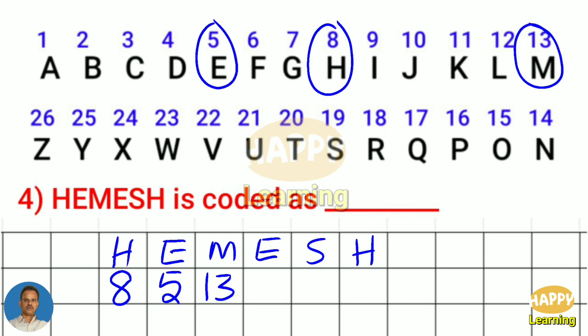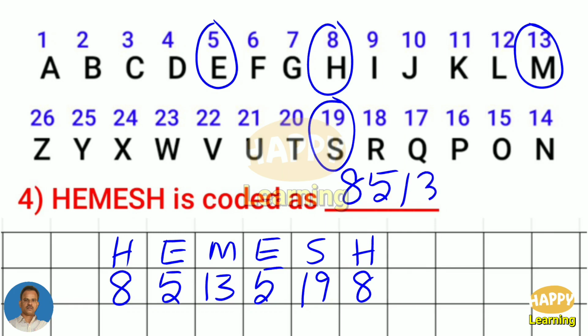E is coded as 5, so write 5 here. S is coded as 19, so write 19 here. Again H is coded as 8. Therefore, the code for Hamish is 851351998. Okay, right.